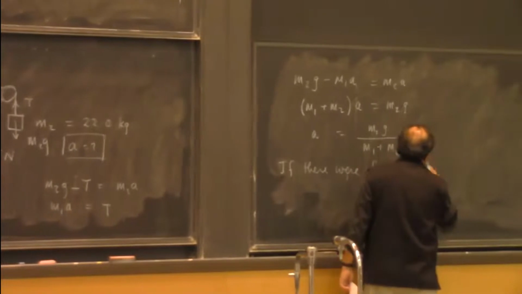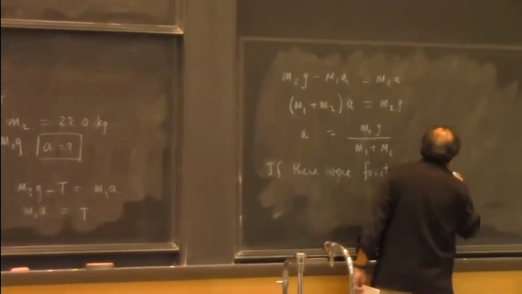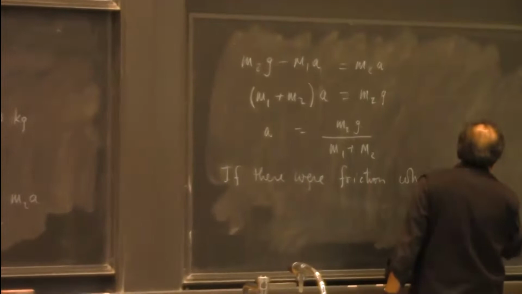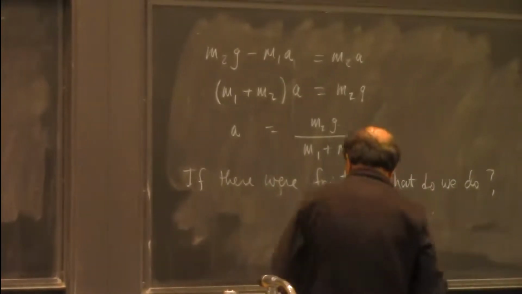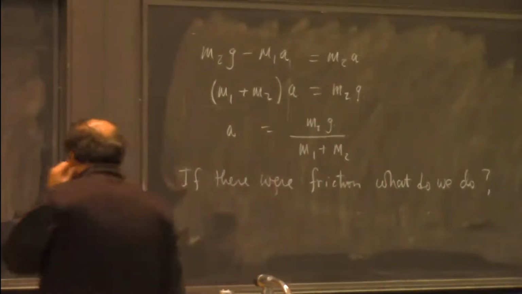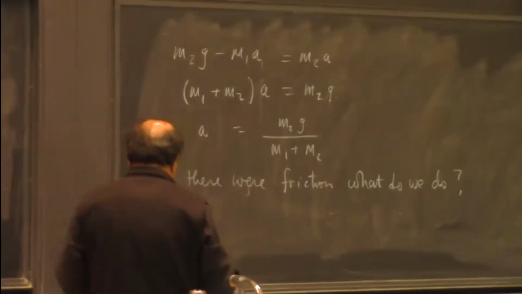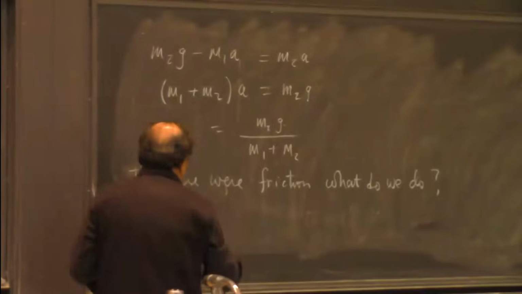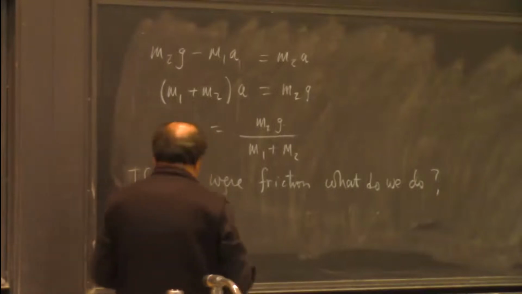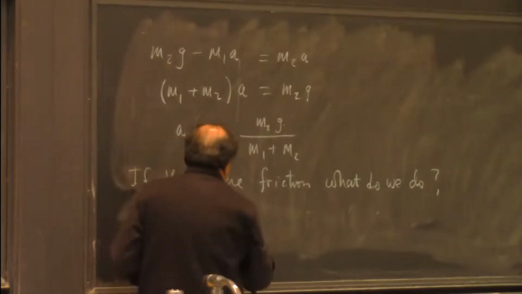So, if there were friction, what do we do? Well, let's see what happens. First of all, as far as M1 is concerned, since tension is to the right, I'll have a T to the right. I must subtract from it friction.